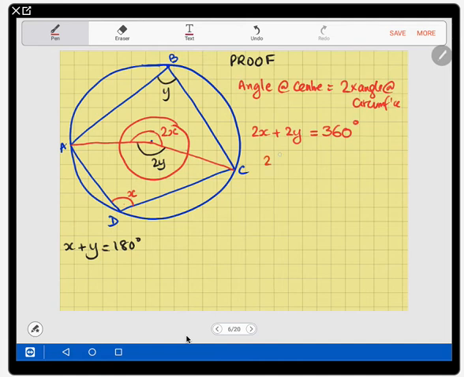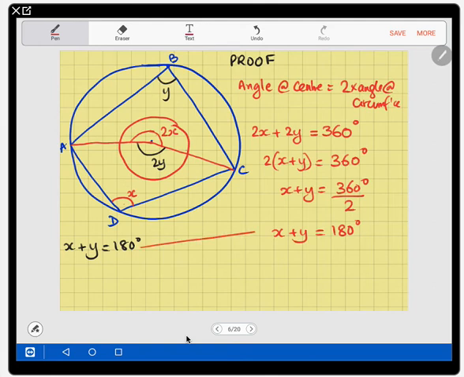So if I simplify this, we will have 2 brackets x plus y is equal to 360. Therefore, x plus y is equal to 360 divided by 2, which is 180 degrees. Here is my proof that I have explained using algebra.